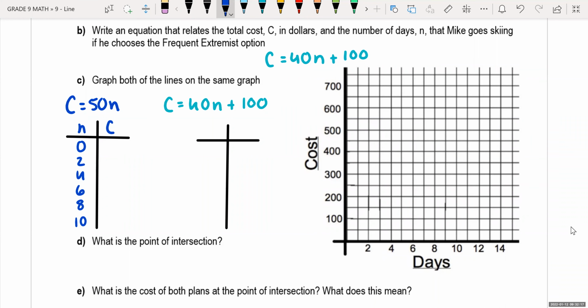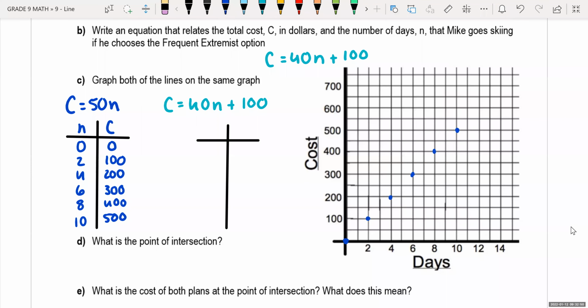So 50 times 0 is just 0. 50 times 2 is 100. 50 times 4 is 200. 6 is 300. And then it's 400. And then it's 500. I'm going to go ahead and graph this line. So 2, 100. 4, 200, 6, 300. I think we can all see the trend. 8, 400, and 10, 500.